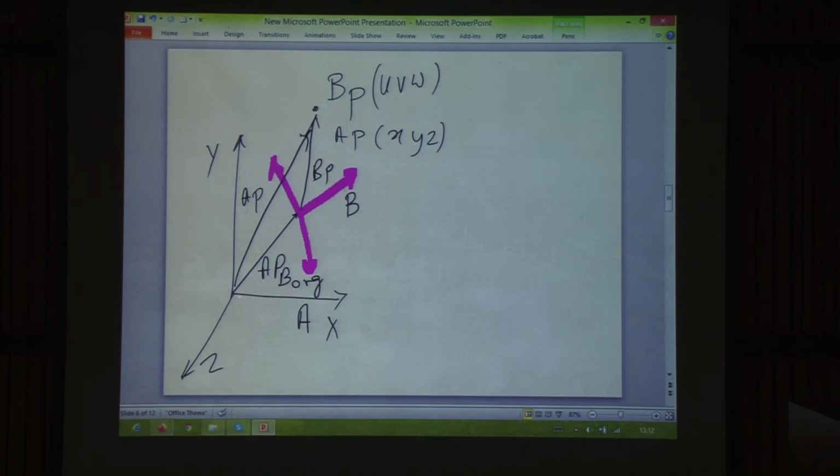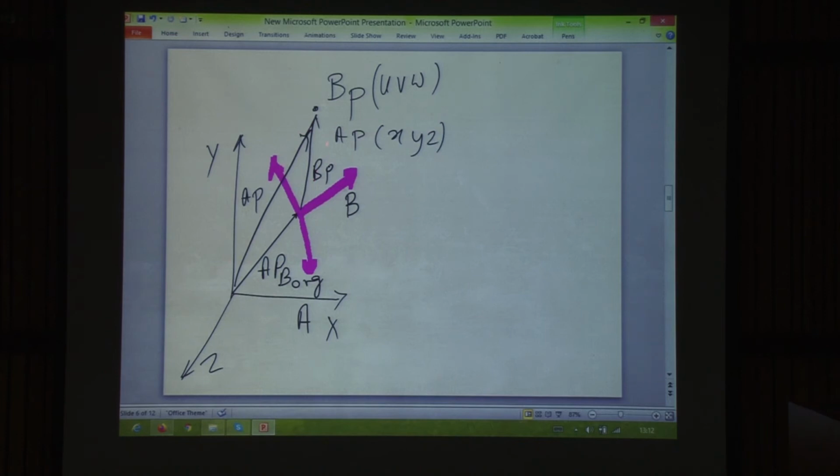So, we have two origins, one origin here, another origin there, and the distance from here to here is given by this vector here. So P B ORG is the distance between the origins of frame A and B, ORG stands for origin. This is the vector AP, meaning point P expressed in A is called AP, so it's this vector.